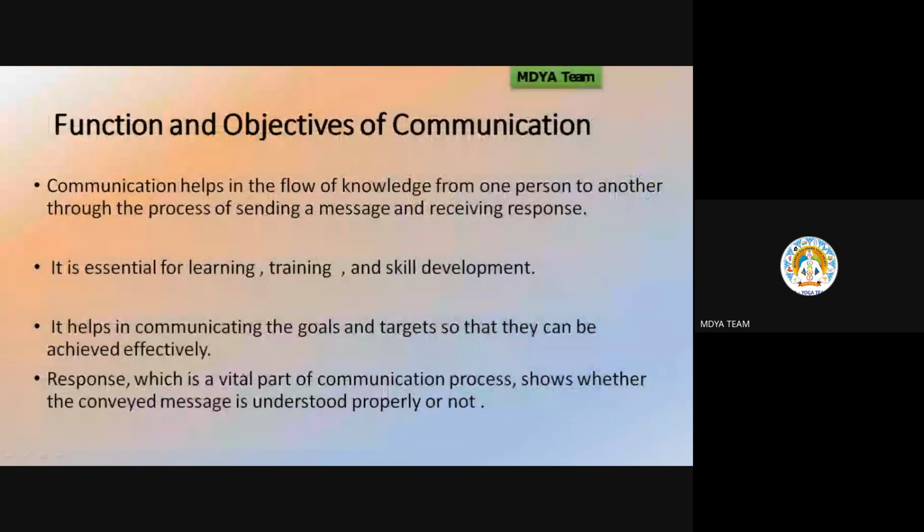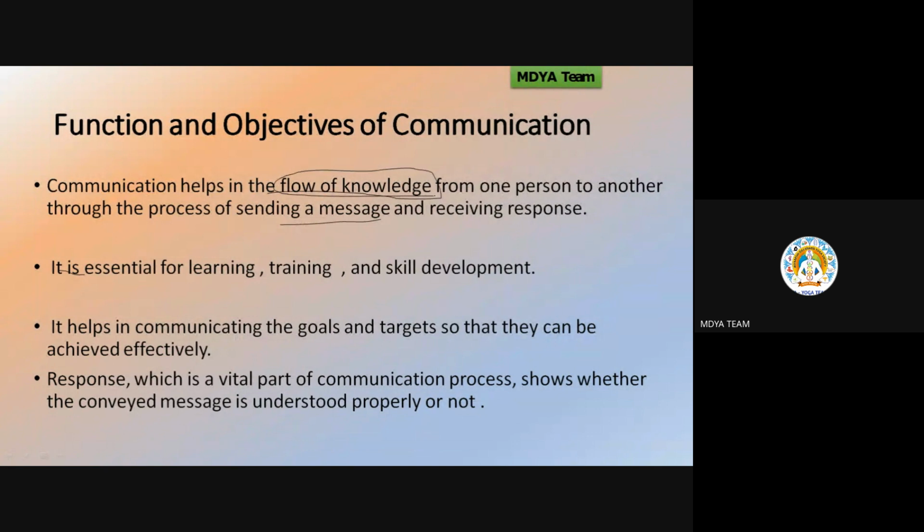Then next are the function and objectives of communication. Communication helps in the flow of knowledge from one person to another through the process of sending a message and receiving a response.